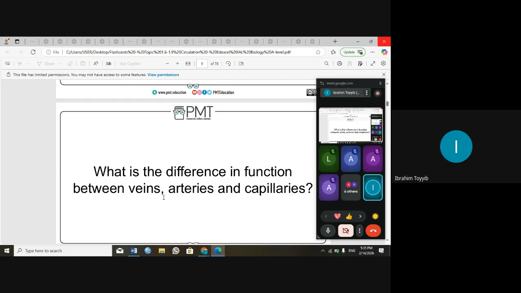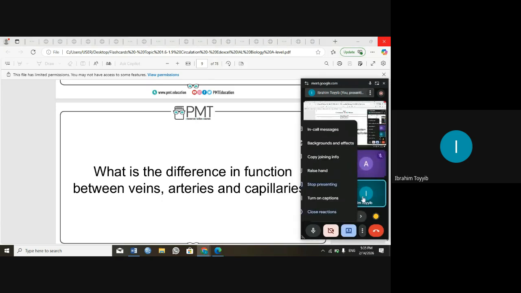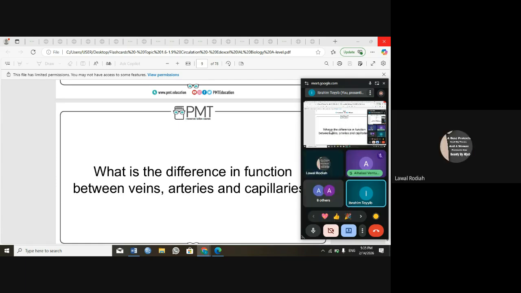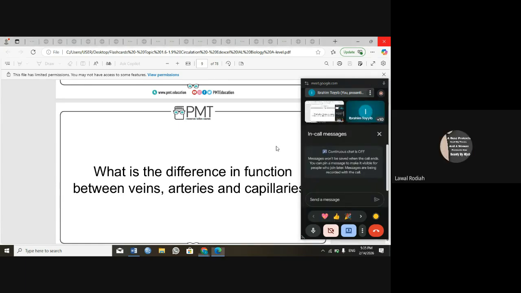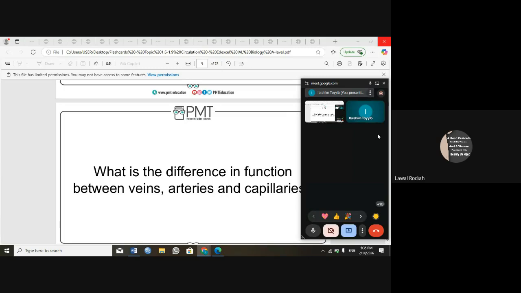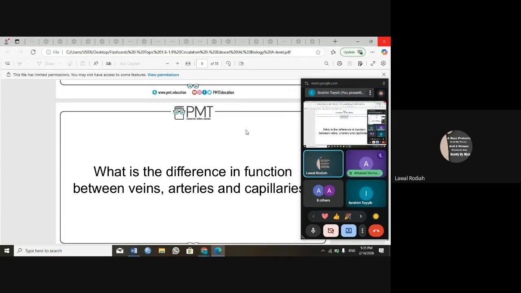Nobody knows the function of veins and the function of arteries? Arteries carry blood away from the heart. Just don't use deoxygenated or oxygenated. What is the function of veins? What is the function of arteries?